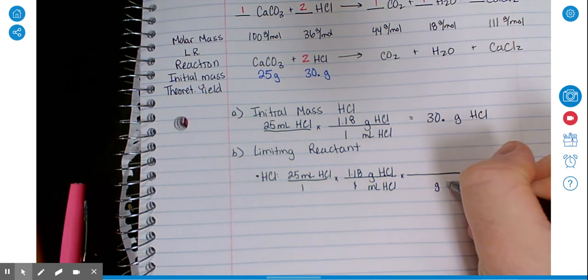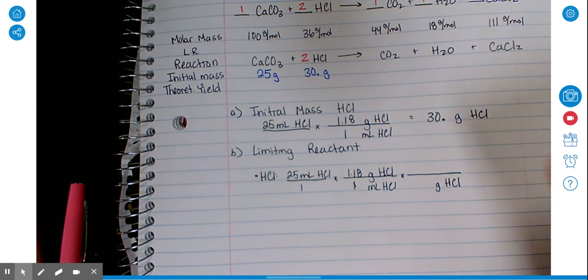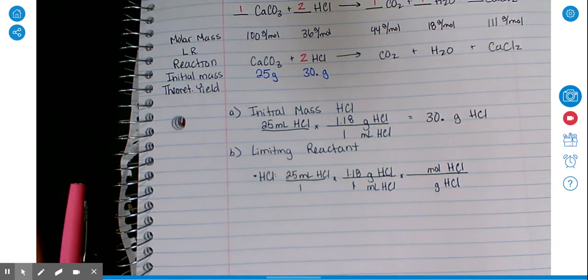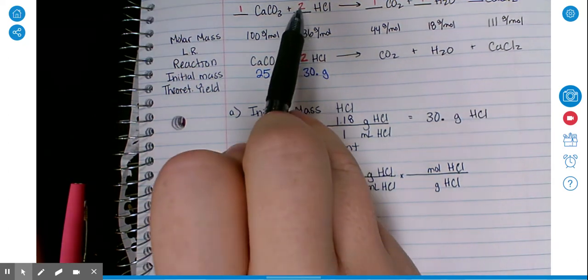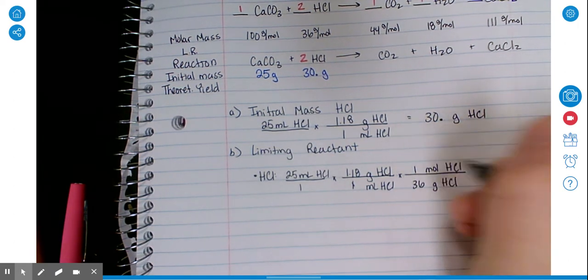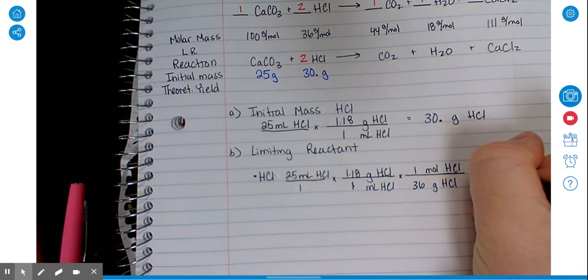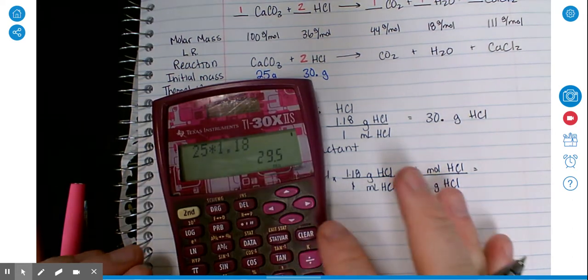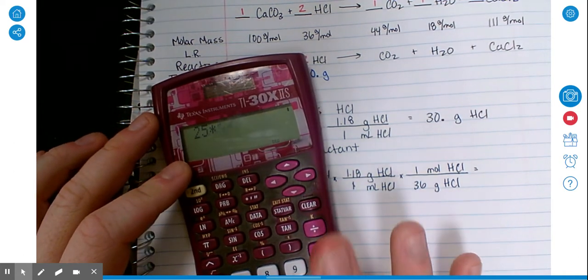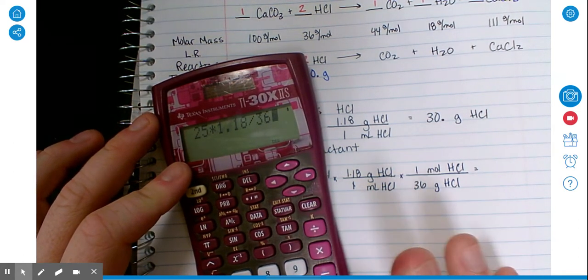From grams of HCl, I can go to moles of HCl using the molar mass. Molar mass of hydrochloric acid was 36 grams per mole. Plug that into a calculator. 25 times 1.18 divided by 36.